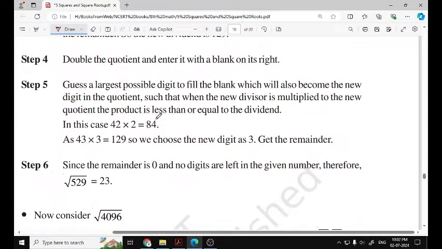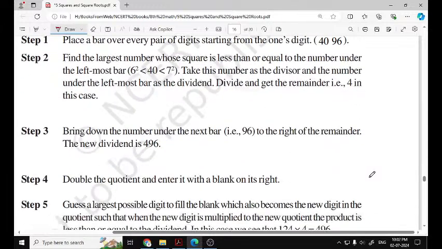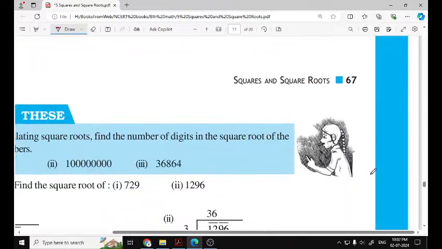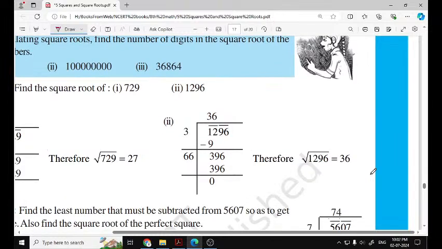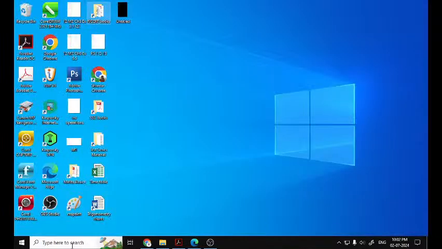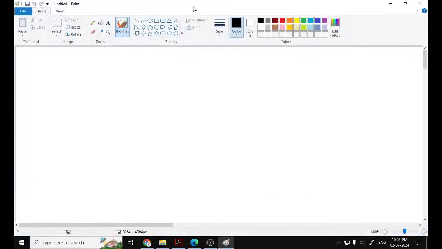Now let us find out square root of 4096. Method is same. Let us form groups of these digits. Start from rightmost digit, and now we have 2 periods.